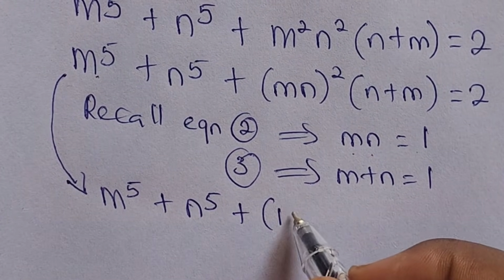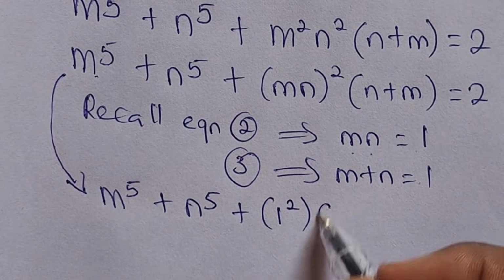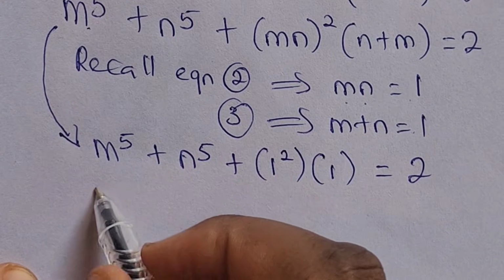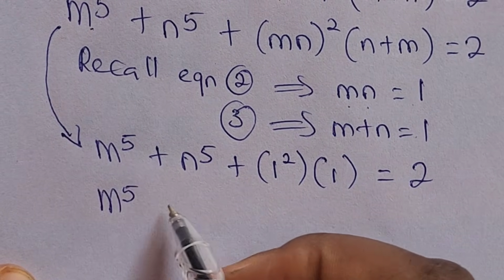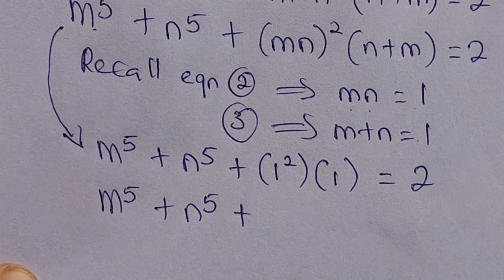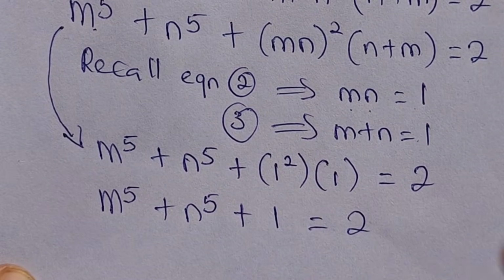So we have 1 to the power of 2. Our n plus m is 1. We have 1, and this is equal to 2. So we have m to the power of 5 plus n to the power of 5 plus we have 1 times 1, and this is equal to 2.